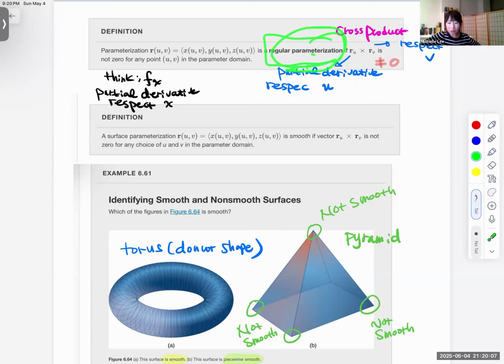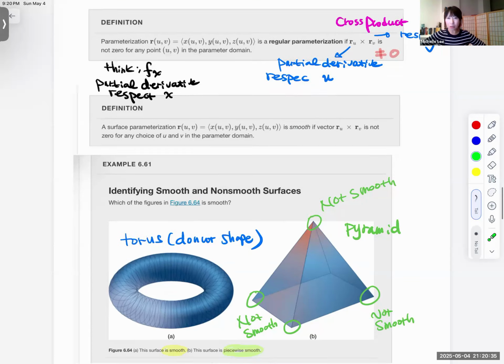By using the terminology we have smooth, when the cross product of the partial derivative with respect to u and the partial derivative with respect to v is not 0. We say they're smooth, yeah? So then we can say the regular parameterization and also smooth, right?